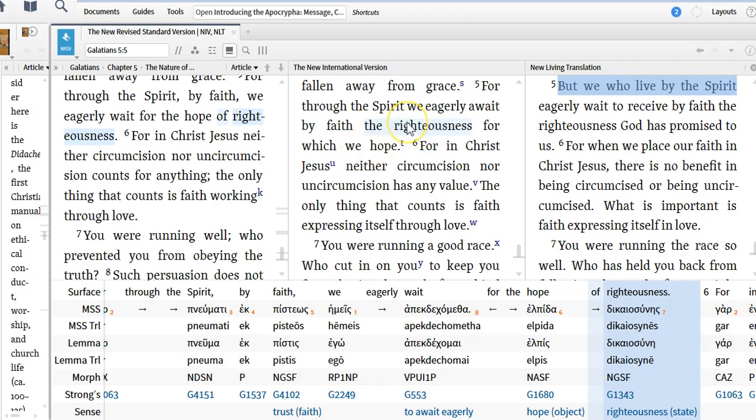Righteousness suddenly has become clearly the direct object of the verb await, rather than merely a description of hope, as in the NRSV. What's happened in the NIV? It has committed to understanding righteousness as an objective genitive, as the object of hope.